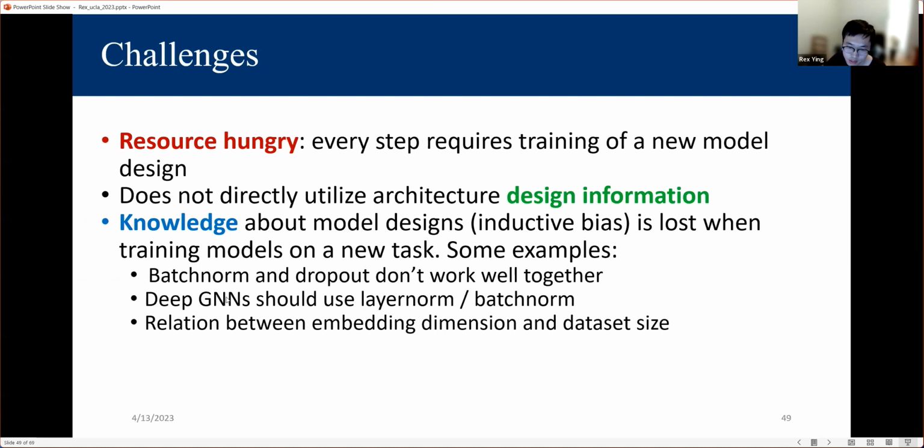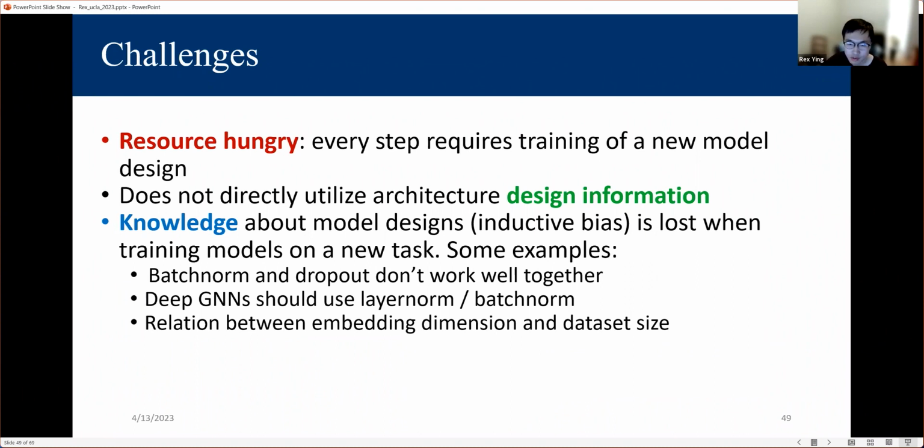Some examples I listed here: for example, we find that batch norm and dropout sometimes don't work well, and deep graph neural networks should maybe use layer norm, or maybe the relation between embedding dimensions and dataset size has a certain pattern in order to achieve good performance.